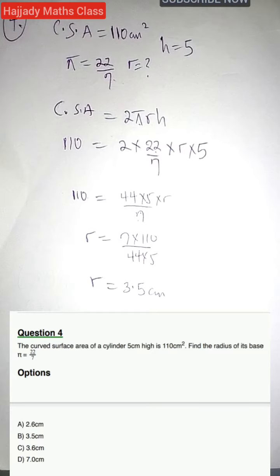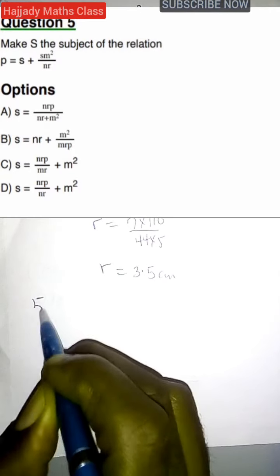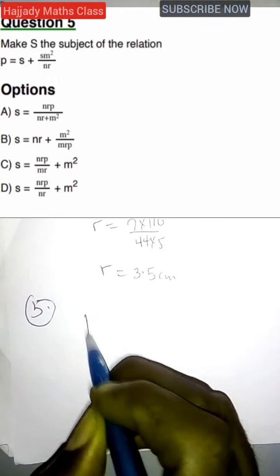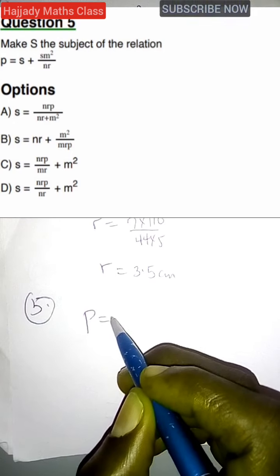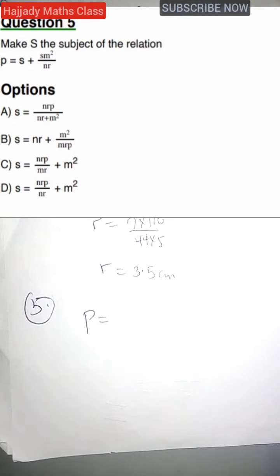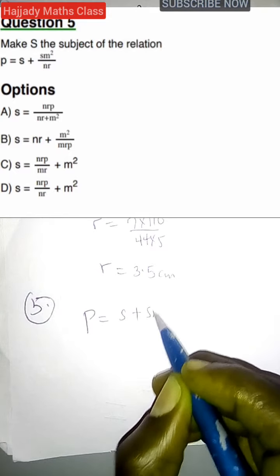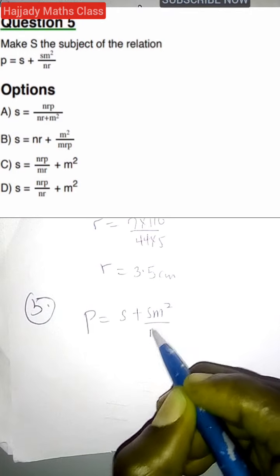Now let's proceed to question number 5. Question number 5 says: make S the subject of the relation if P equals S plus SM squared over NR.